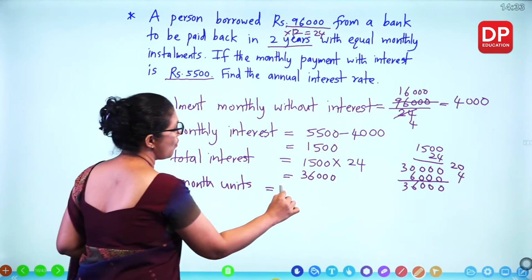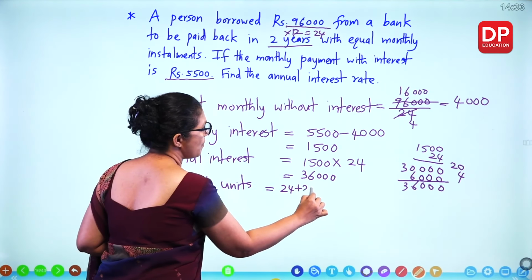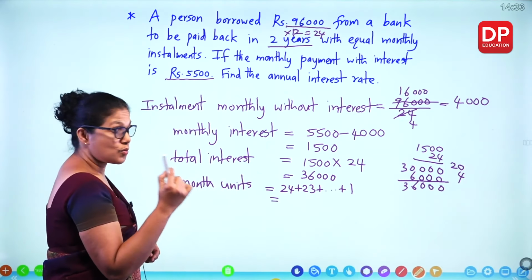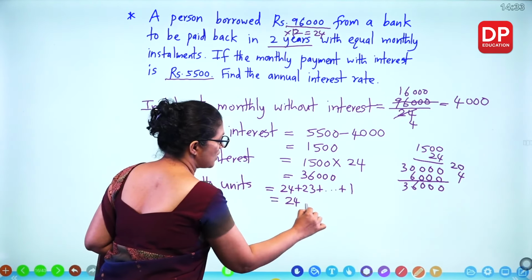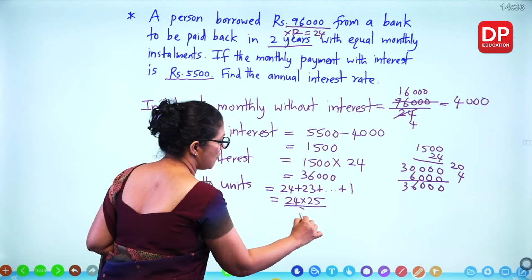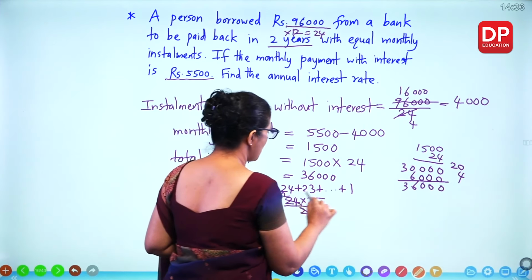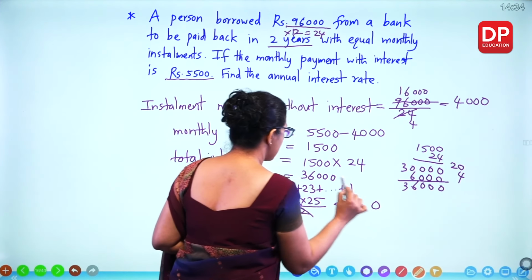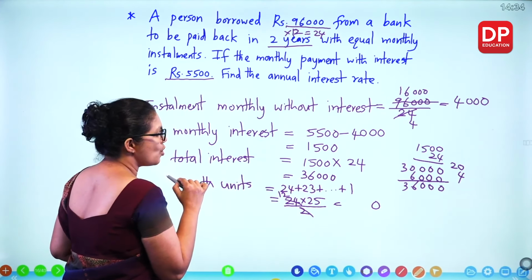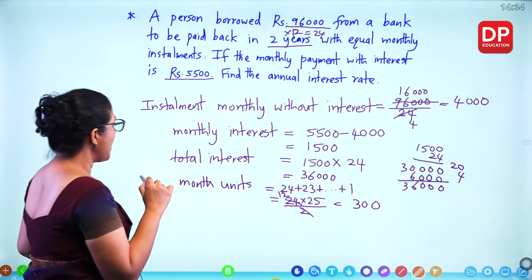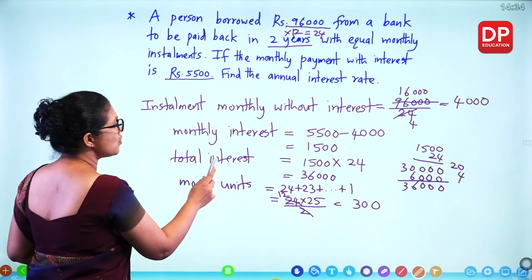There are 24 months are there. So 24 plus 23 up to 1. That's 24 times 25 divided by 2. 12 times 25. 12 times 5, 60. 6 remaining. 12 times 2, 24 plus 6, 300. Now we have month units and the total interest.